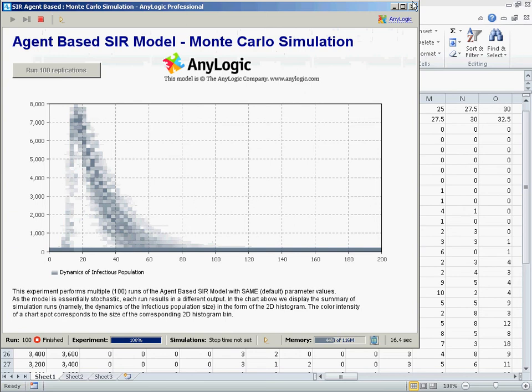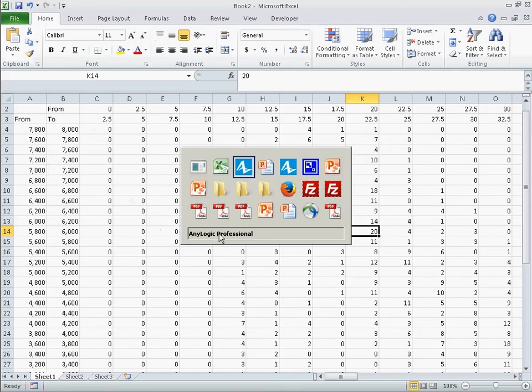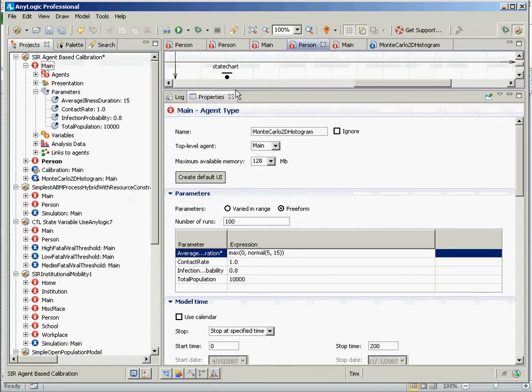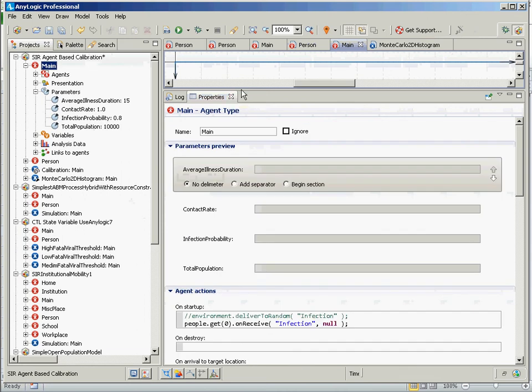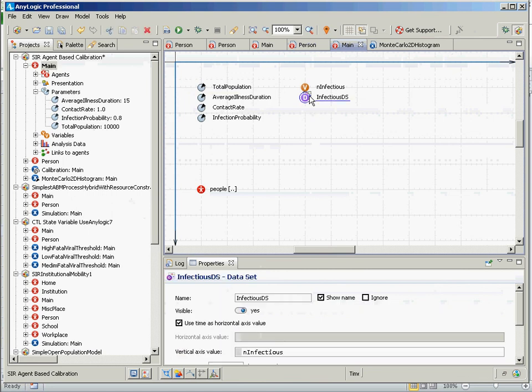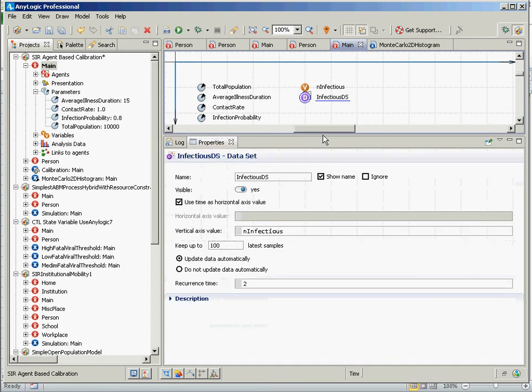I admire the question. So suppose I wanted to keep track of this. In fact, it's already shown how we do that, so I don't even have to create it myself. In this case, what's happening is that we're accumulating here every 2 time units the number of infectious people in a given simulation.